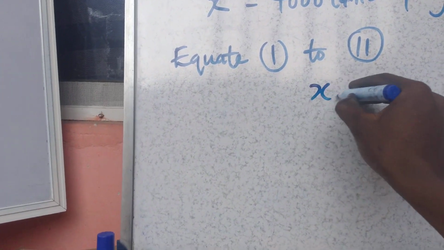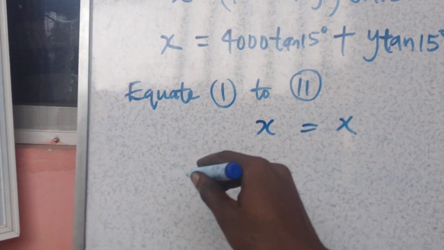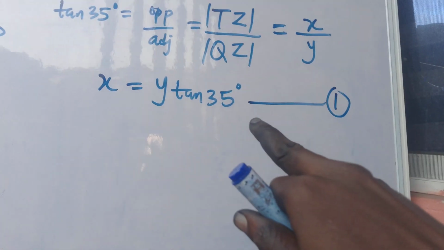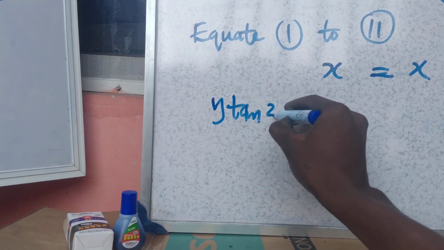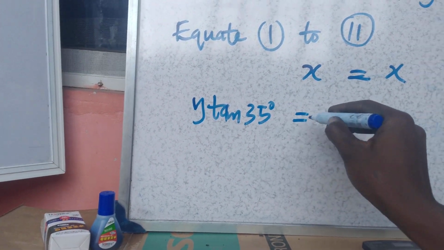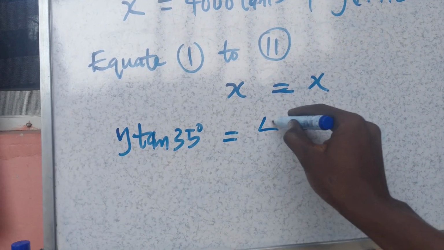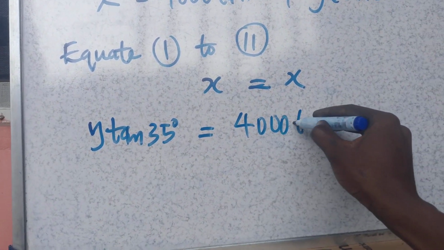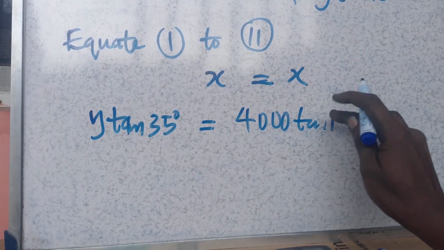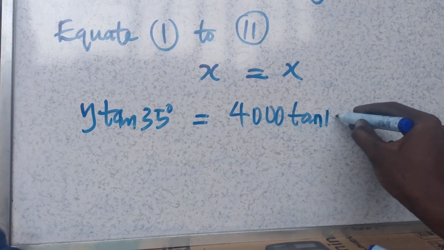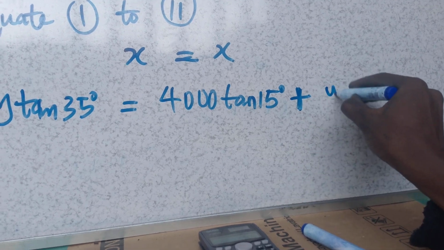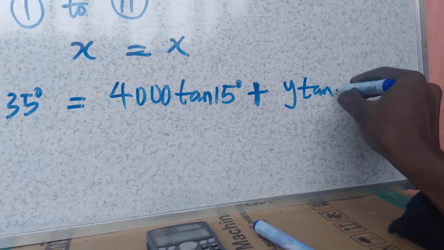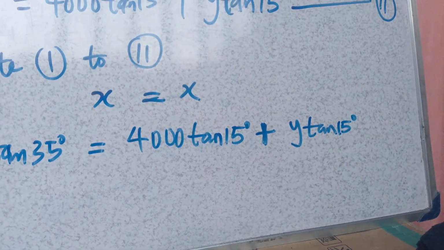As I'm saying, X is equals to X, and X over here is Y tan 35 degrees, equals to X over here, which is 4,000 tan 15 degrees plus Y tan 15 degrees.